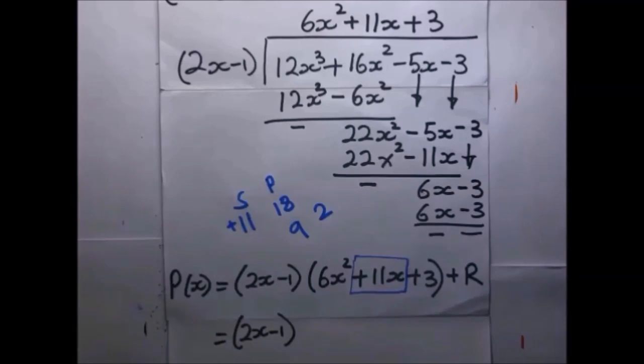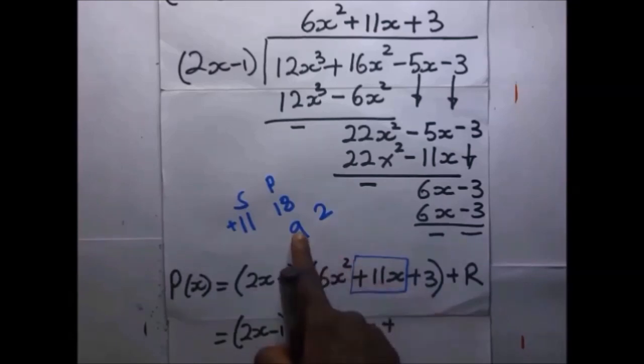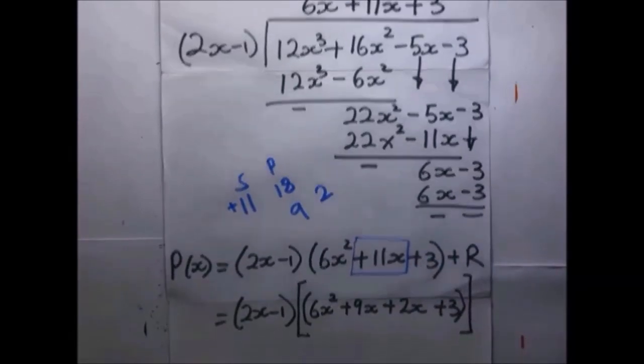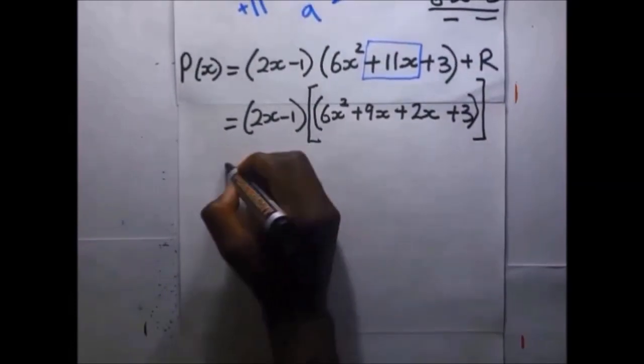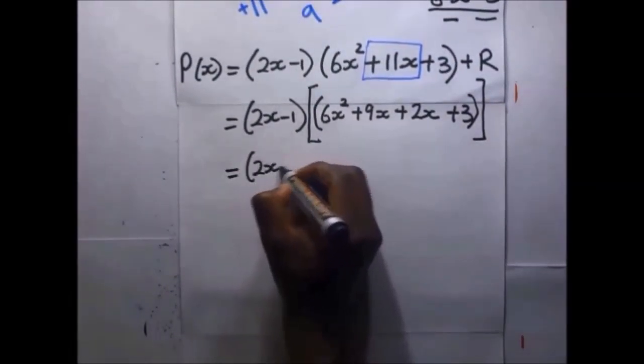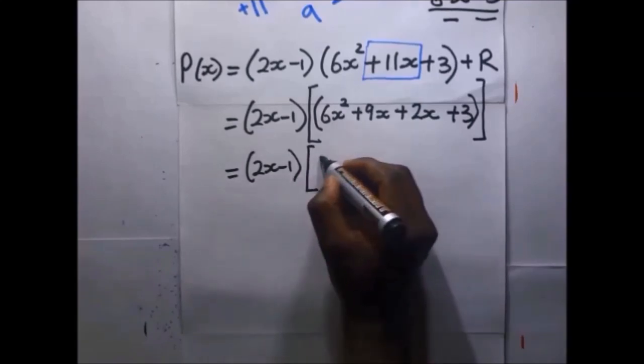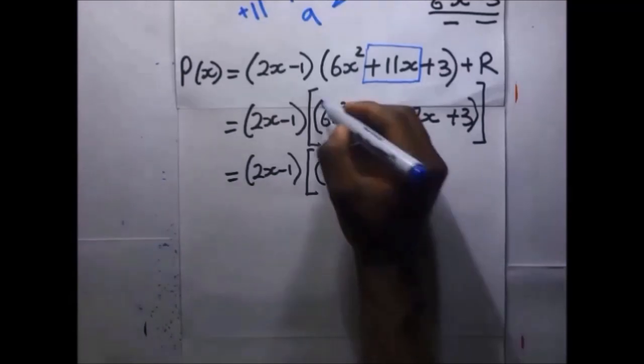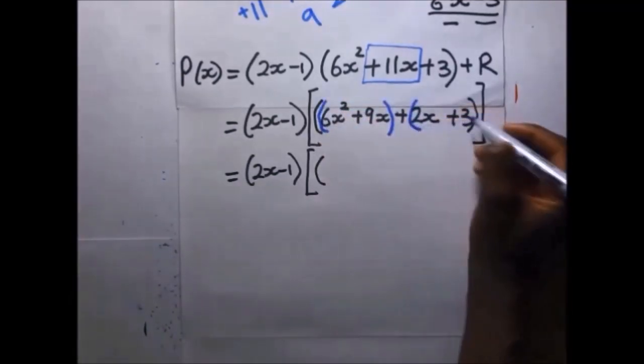So it means that our calculation will continue by saying it is going to be 6x squared plus 9x plus 2x plus 3. That's going to be it. So this will become 2x minus 1 into, now we factorize out this and that.